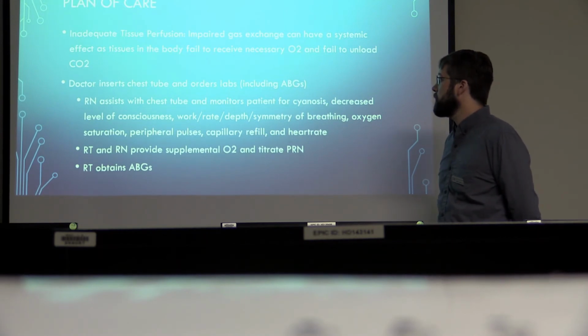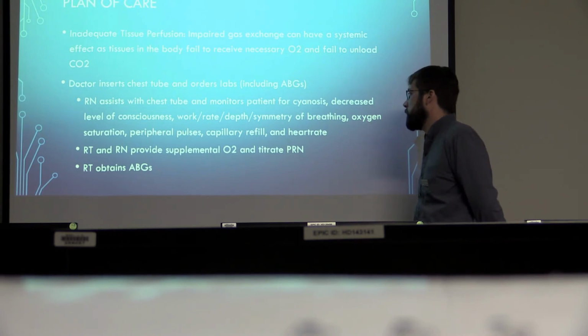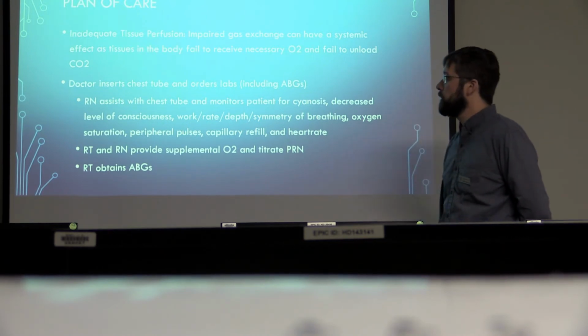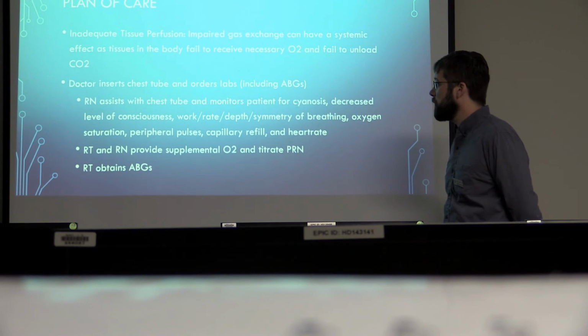The nurse is going to assist with the chest tube again and monitor the patient for systemic effects: cyanosis, decreased level of consciousness, work rate, depth, symmetry of breathing, O2 sat, peripheral pulses, capillary fill, and heart rate too. So you're basically going to keep a really close eye on these patients.